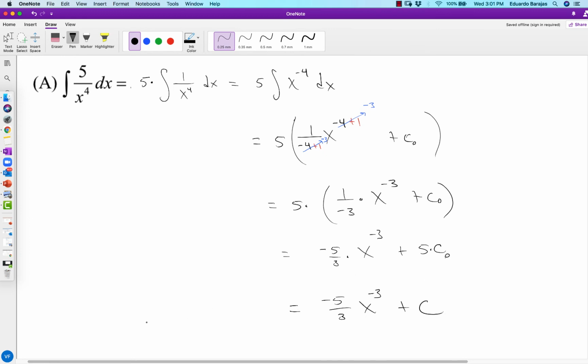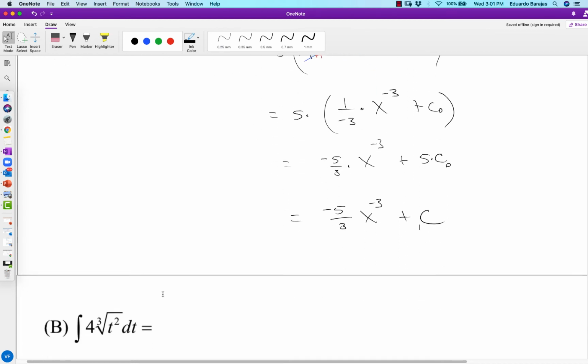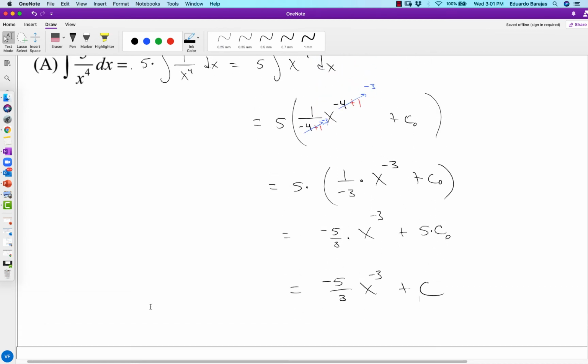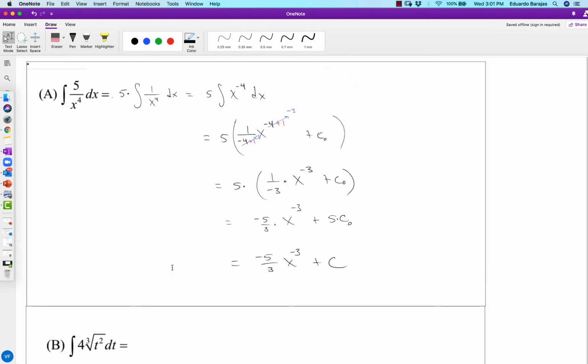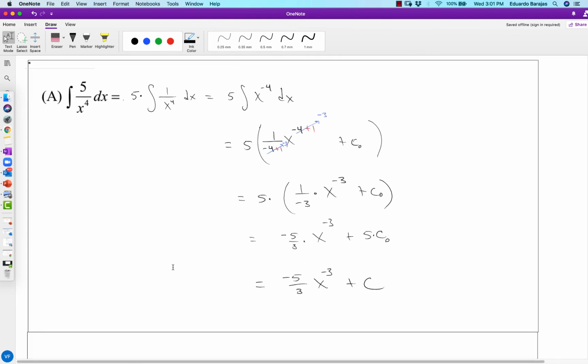Okay, so let's check it. Let's make sure that it works. The derivative with respect to x of negative 5 over 3 x to the negative 3 plus c.